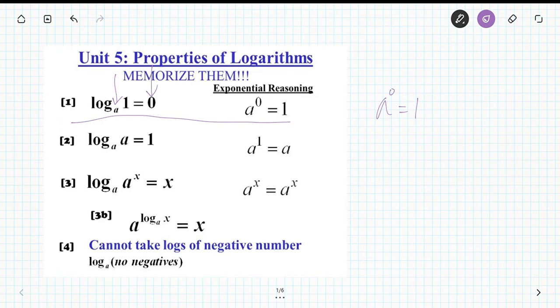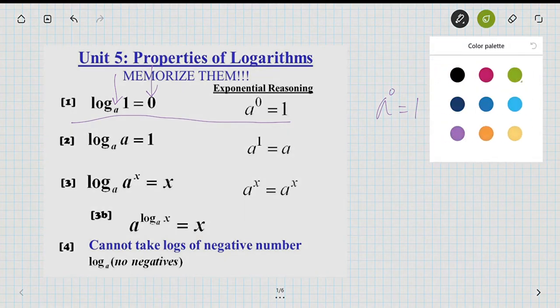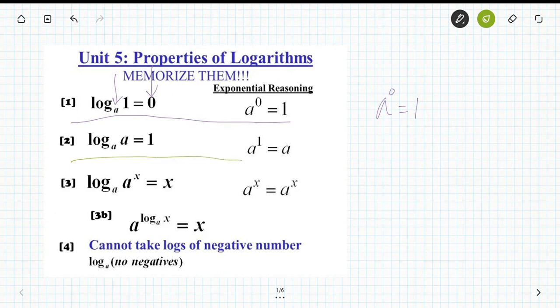And similarly, if we look at the next line right here, we have the log base A of A equals 1. So that is saying that A to the power of 1 equals A. Now that is true because anything to the power of 1 is itself. Okay?